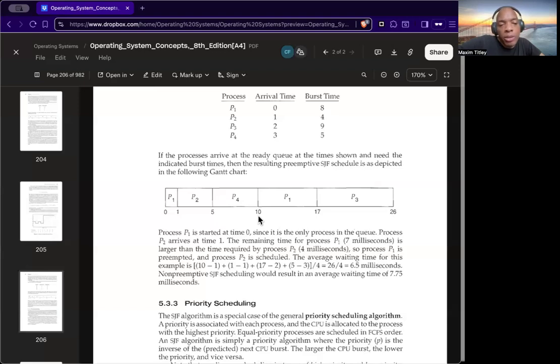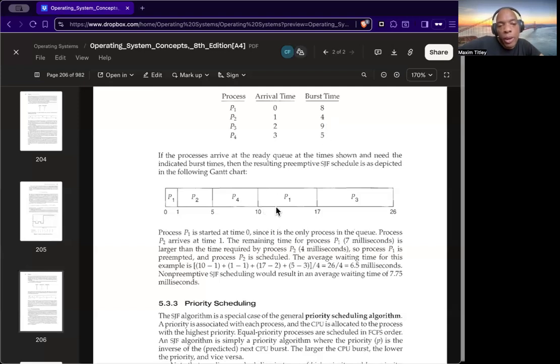And all this time, process 1 is being preempted. Process 1 has now waited, let's see, 9 seconds to get back to running. Process 1, since it already spent 1 second running, is now going to require 7 more seconds of burst time. Compare that with process 3, which requires 9 overall.